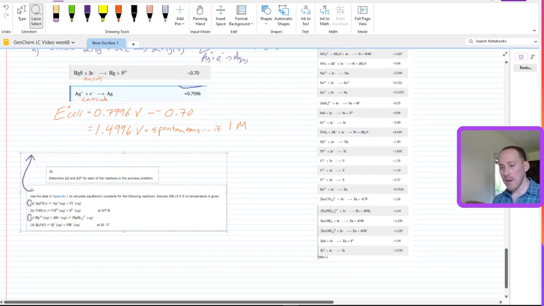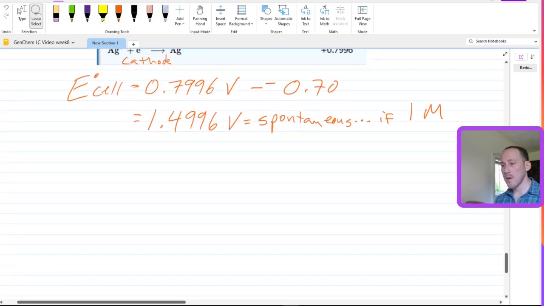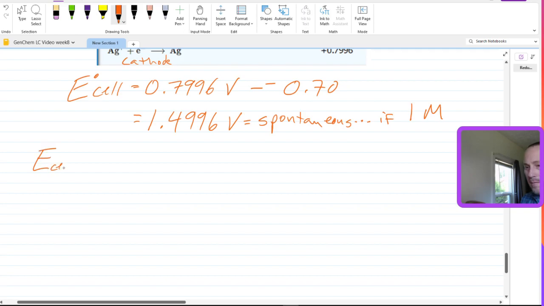So in all those other examples so far, the stuff's been 1. But now we're going to use this. Our actual E cell. Well, sorry, this does mean 1 molar, so the standard E cell is that.